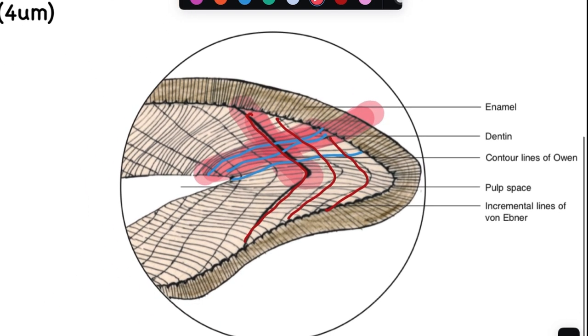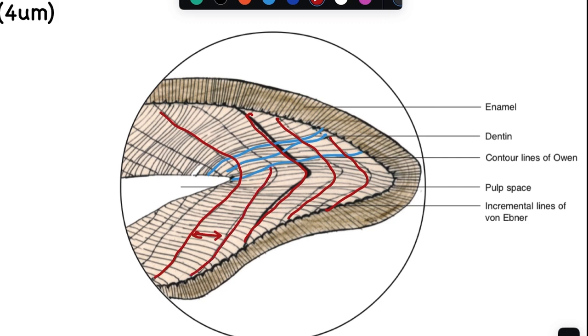So when the dentin is being formed, maybe the dentin was formed this much in a day, and then the formation slowed down. So when the formation slowed down, a line will be formed. Then the formation started again, and all of this was uniform deposition of dentin, and maybe then it slowed down for a few days.